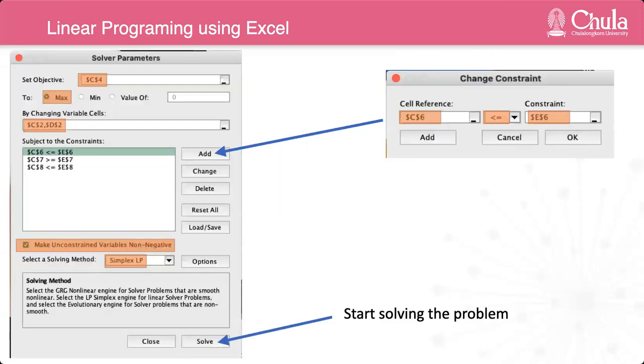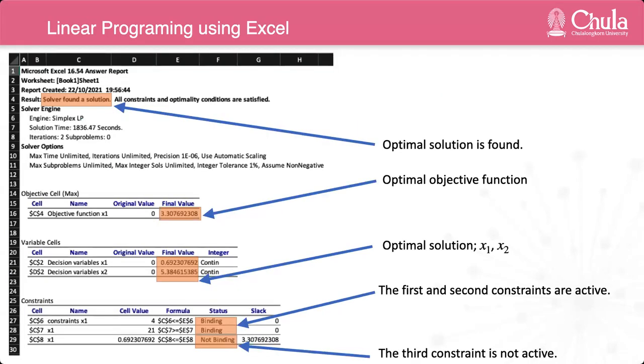Then we start Solver. We set the objective, maximum or minimum, and then set the decision variable and add the constraint. When you click add constraint, you have to identify which. I think you can follow what I show you in the slide.